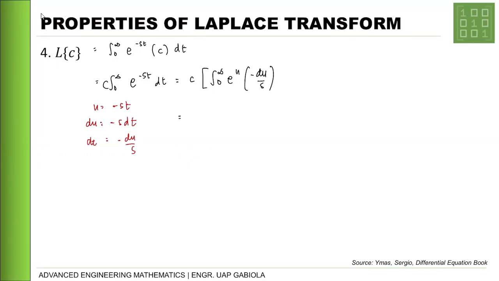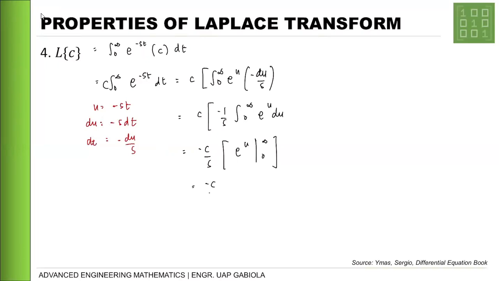Okay? So c, then we will have negative 1 over s, 0 to infinity e^u du. Okay? So continuing, pwede na natin pagsamahin yung dalawang coefficient. So we have negative c over s multiplied by e^u, yung integral niya, from 0 to infinity.